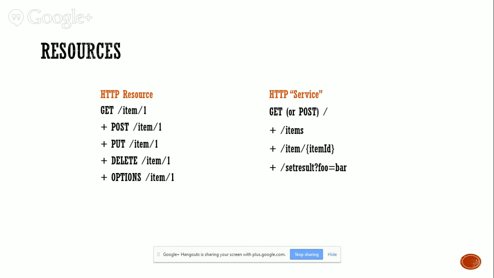Again, the main notion of a resource is that this uniform interface is available against each single identity. It may work slightly differently, but for the most part, the methods work against that thing in a similar way all the time. Contrast that with the HTTP service, which is just a random assortment of stuff. There's not really an understandable way of how you work with those things, or whether there are even things at all. It could just be that you're message passing, and there's nothing really wrong with that, except that it doesn't really model HTTP the way that HTTP works.